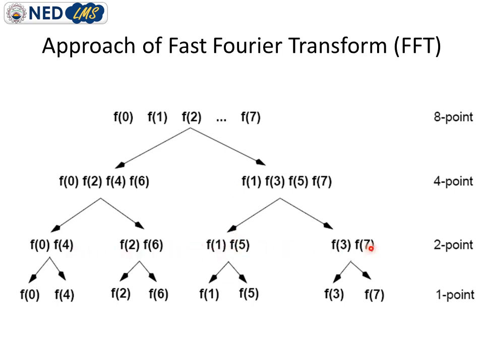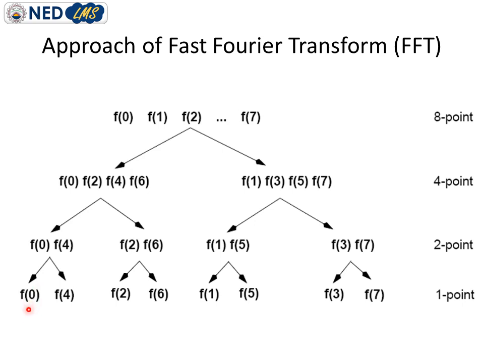So 2 square is 4 plus 4 plus 4 plus 4. So it will become 16. So the total number of computations required after breaking the sample set into two samples will be 16.